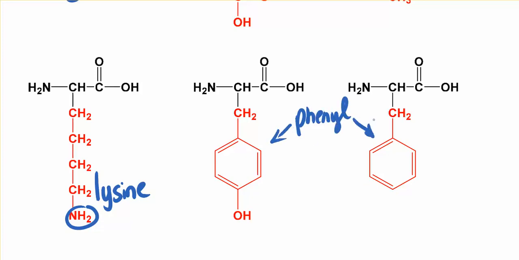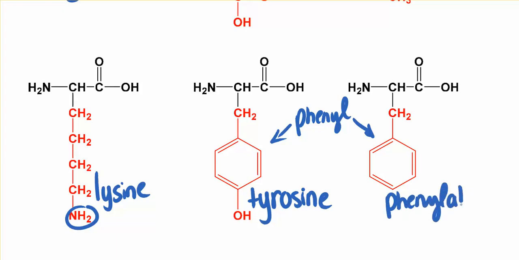This amino acid is tyrosine. And this amino acid is phenylalanine. Okay, so those are the particular ones that will come up in the experiment.